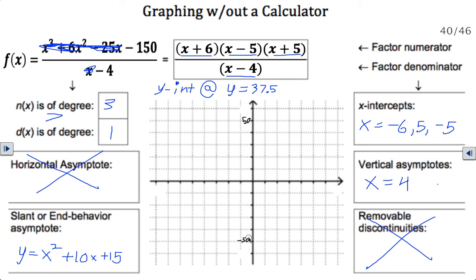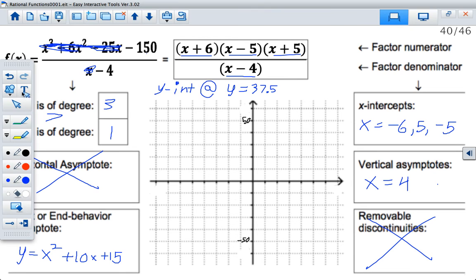So each of these tick marks has a scale of 10. Now my x-intercepts are at negative 6, 5, and negative 5, and my vertical asymptote is at 4. So these will actually probably work here.